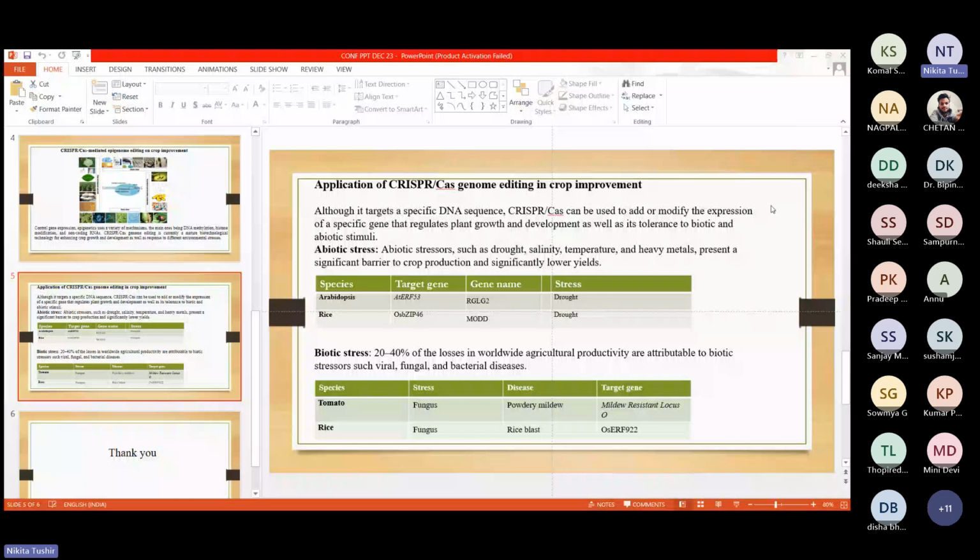And the second one is rice, where fungus creates rice blast. If we create transgenic plants with CRISPR-Cas, we can avoid these fungal, bacterial or viral diseases in the plants.